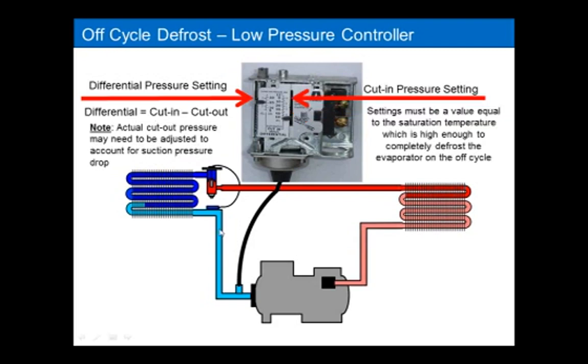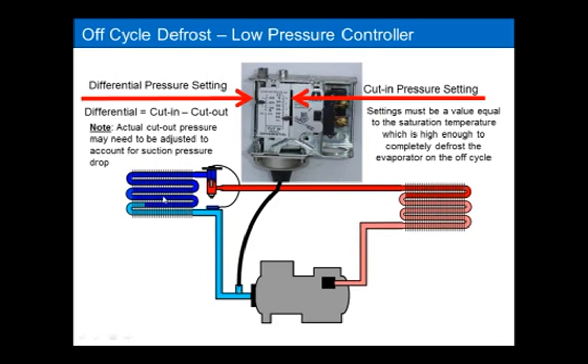Now, sometimes you have to adjust for long suction lines. Most of the time, the pressure reading is taken at the inlet or close to the inlet of the compressor. And if your suction line is far enough away from the coil, there's going to be a pressure difference between your coil temperature and the point of measurement down here.